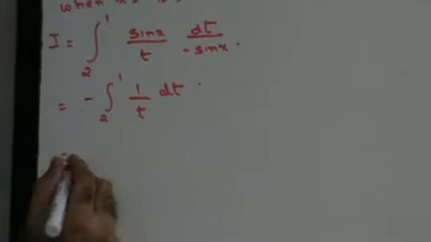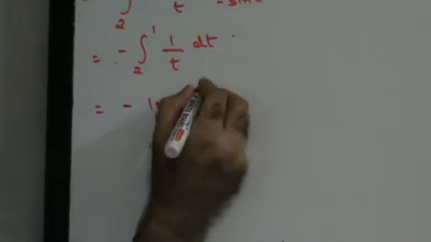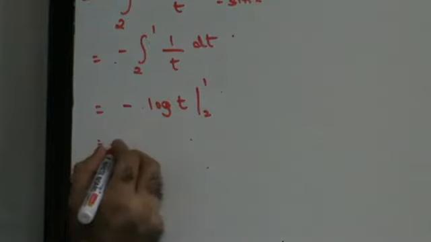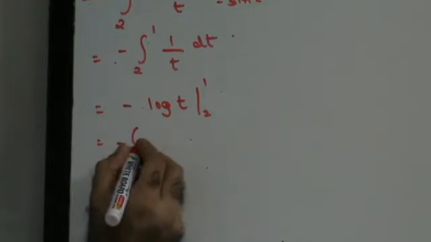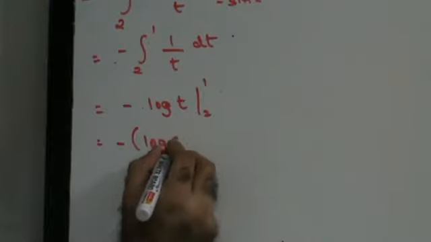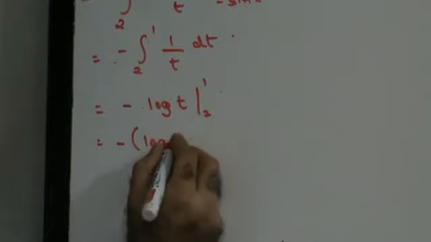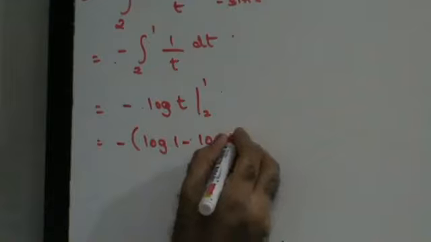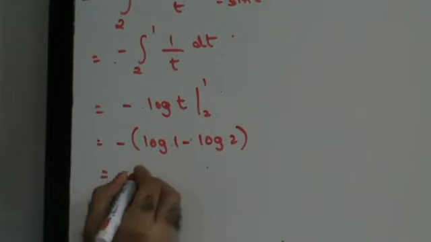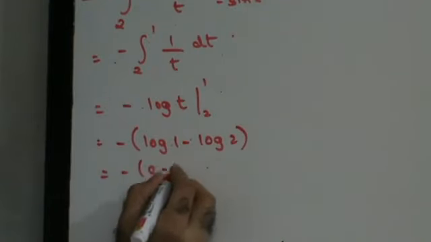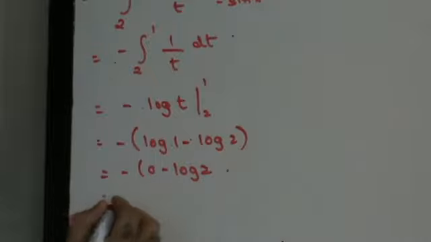Integral of 1 upon t is nothing but log t. When the limits are between 2 to 1, upper limit minus lower limit. So this is log of 1 minus log of 2, right? Minus log of 1 is 0, minus log of 2. Minus into minus plus, answer is log 2.